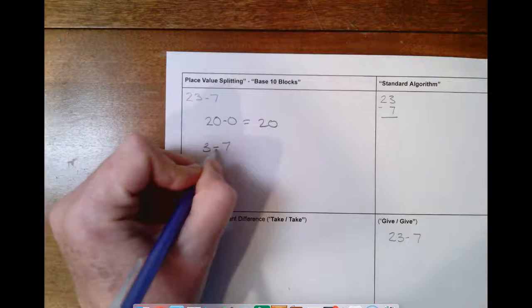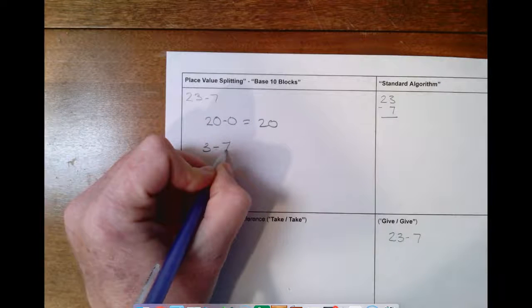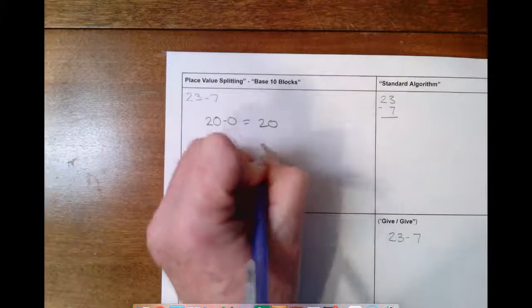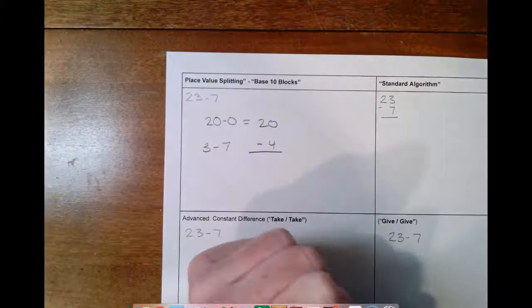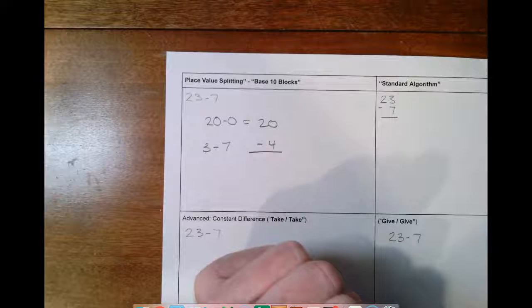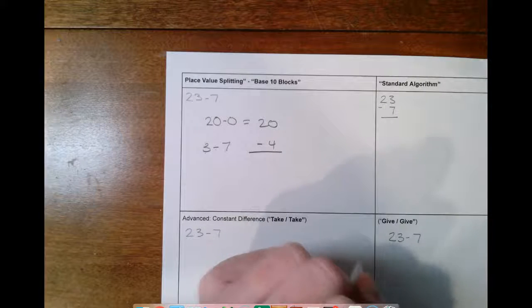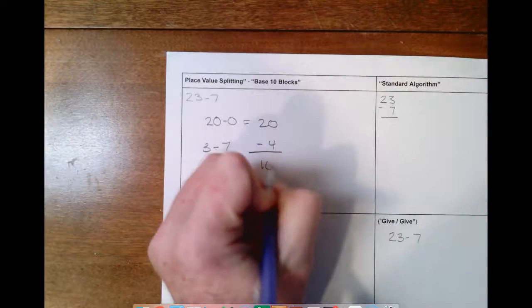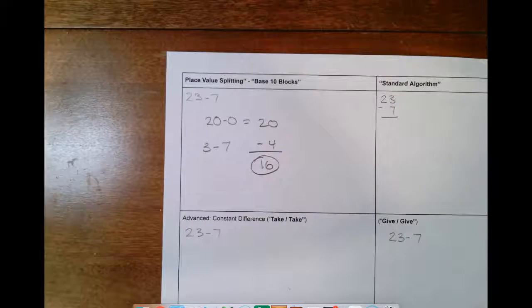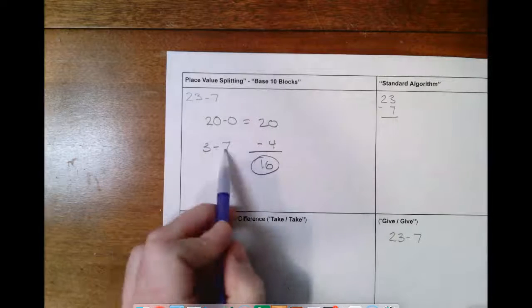And 3 minus 7, well, I can't take 7 away from 3, so I have minus 4. Right? This may not be useful for 2nd, 3rd graders, but some of them might understand it. So I've got 20 minus 4, 16. Okay. It might be a little easier for them if it was 27 minus 3. Okay. But this is kind of cool, right?